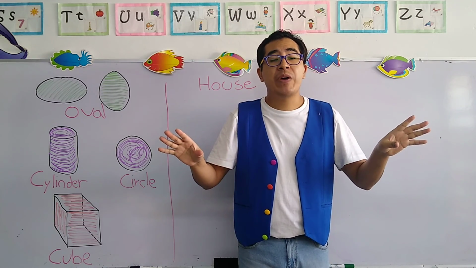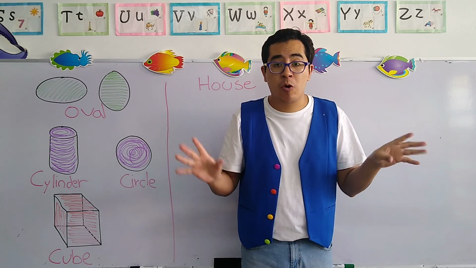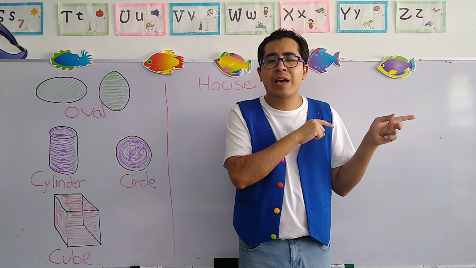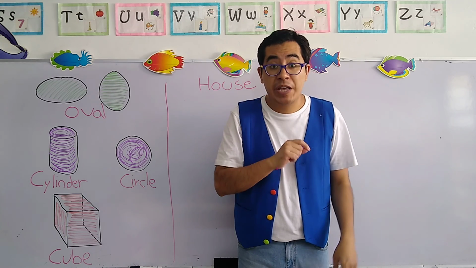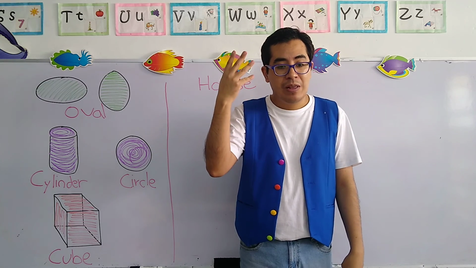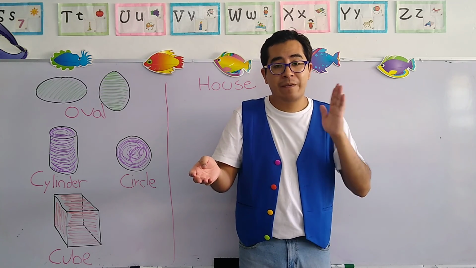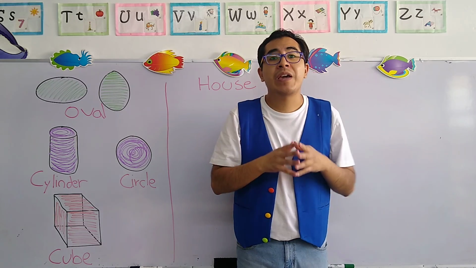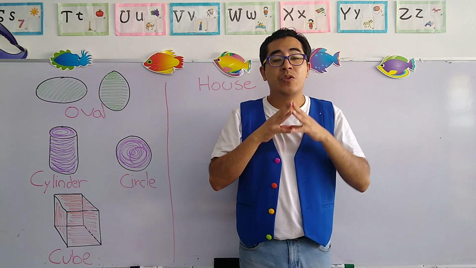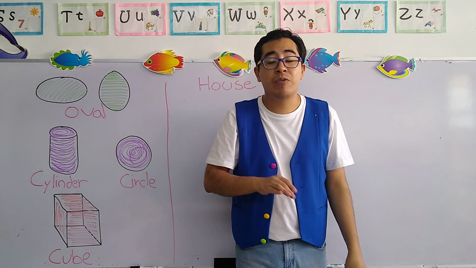Now, if we put together all of the geometric shapes that we practiced and learned today, we can use them to make an object or a drawing. Remember, in the last class we practiced creating a robot, and we used figures like the squares, the rectangles, and a vertical line. We can have more drawings or objects based on all the geometric shapes.